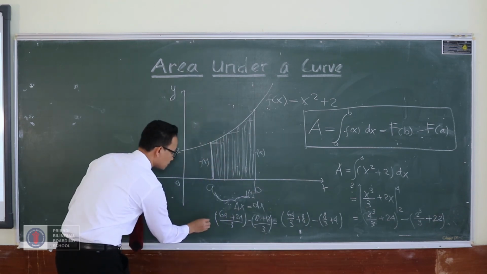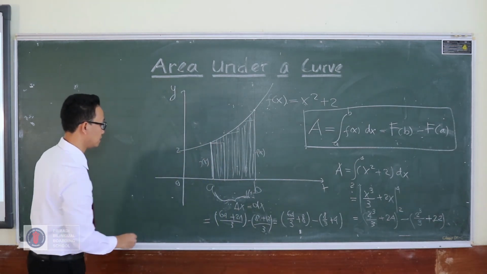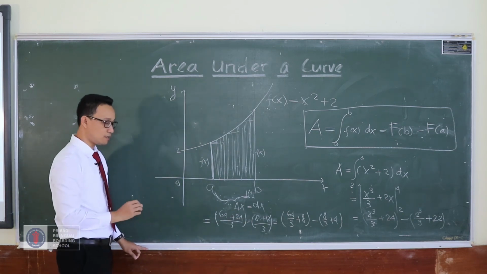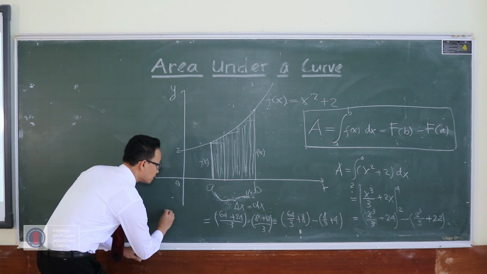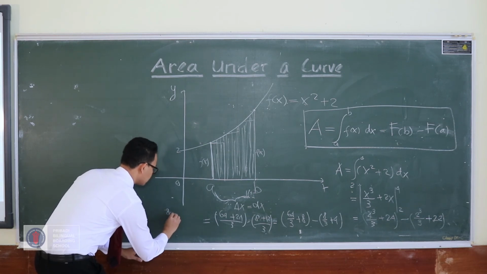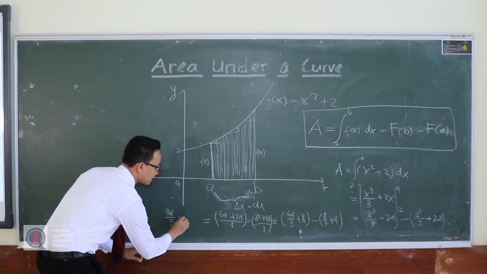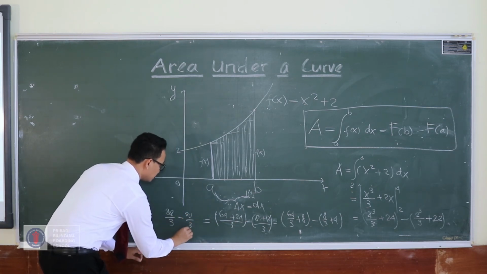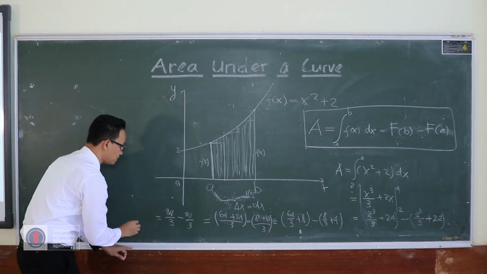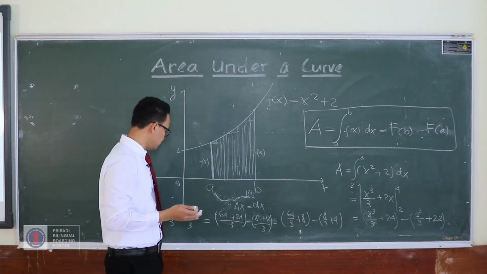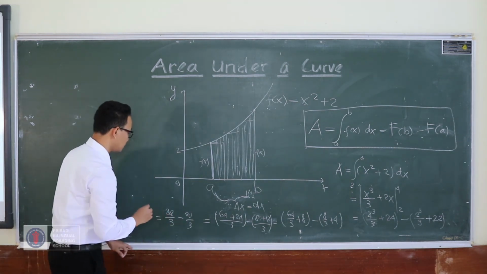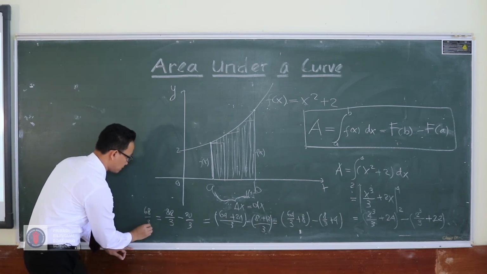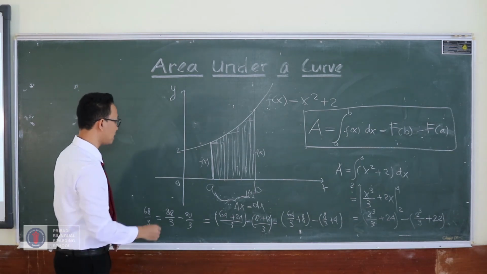Then we have 64 plus 24, which is 88, minus 20 over 3. So here this area will be how many? 88 subtracted by 20 is 68 over 3.